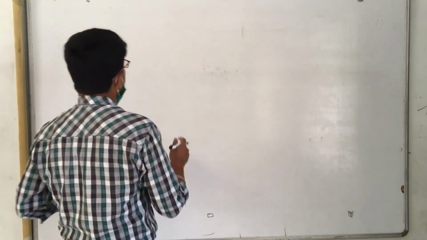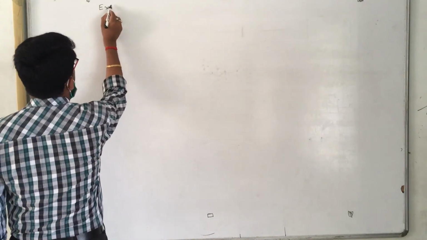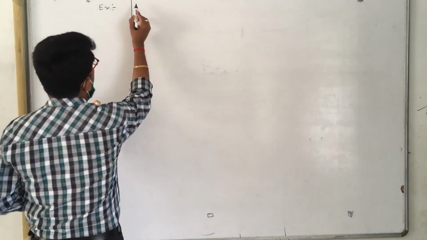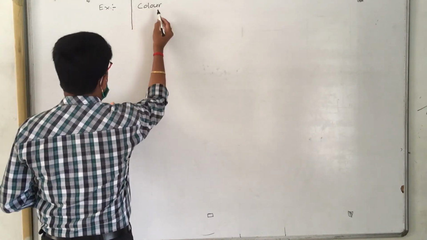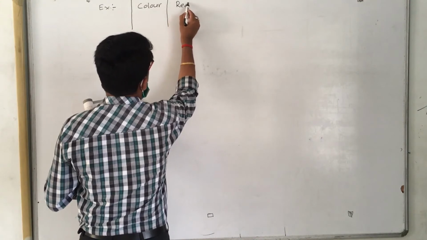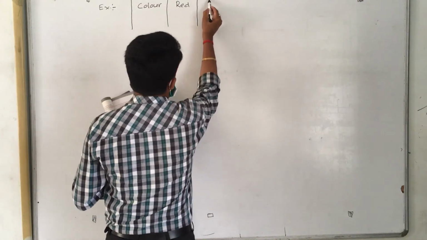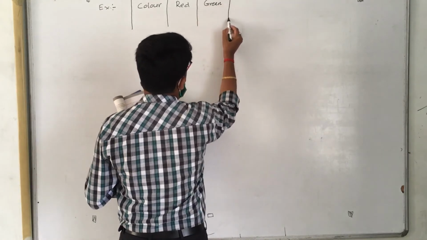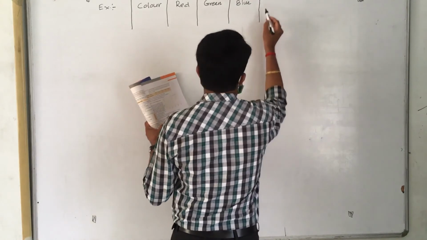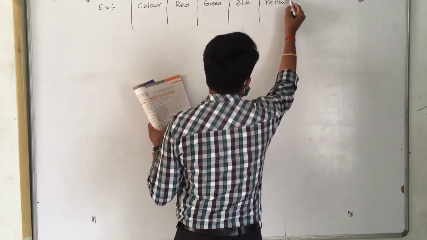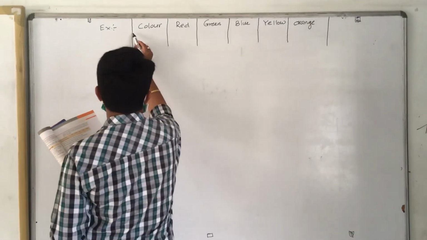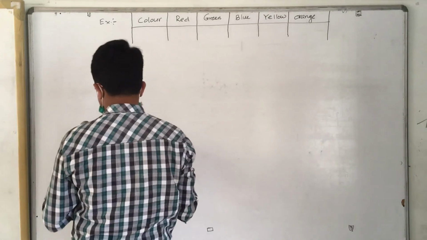Okay? Let me explain. For example, data will be given. Color: red, green, blue, yellow, orange, and here number of students.